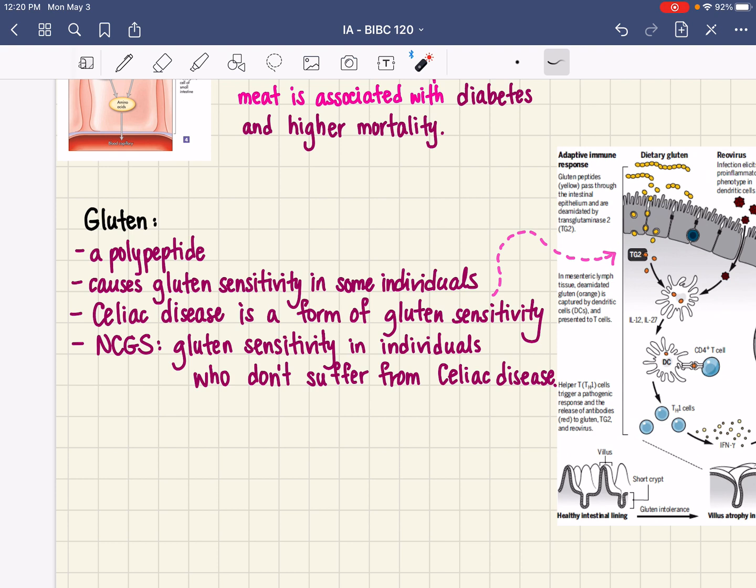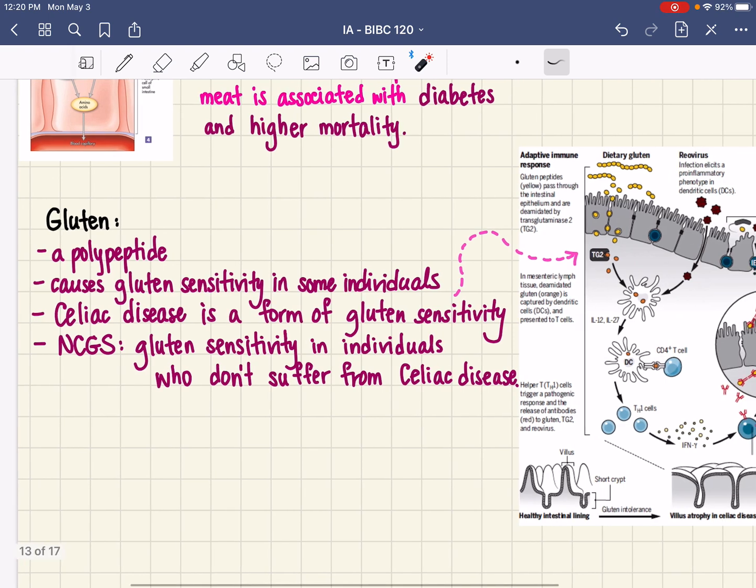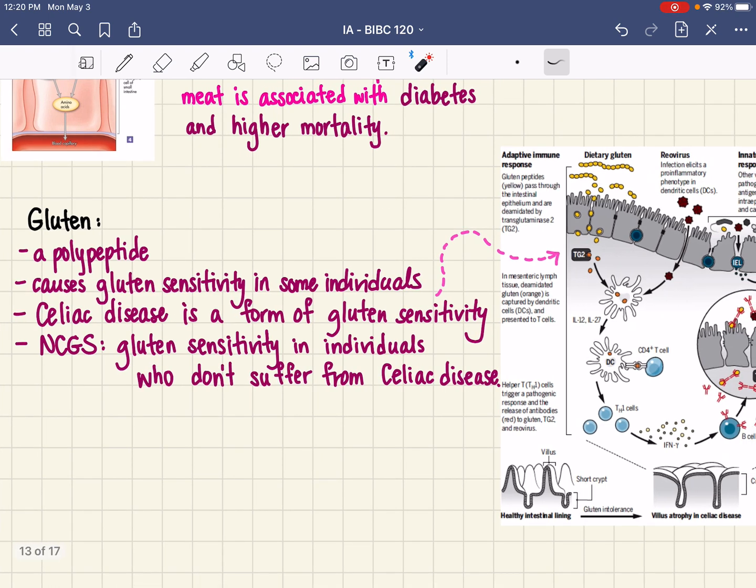However, there is this condition called NCGS. And NCGS is gluten sensitivity in individuals who don't suffer from celiac disease. So there are people who avoid gluten.